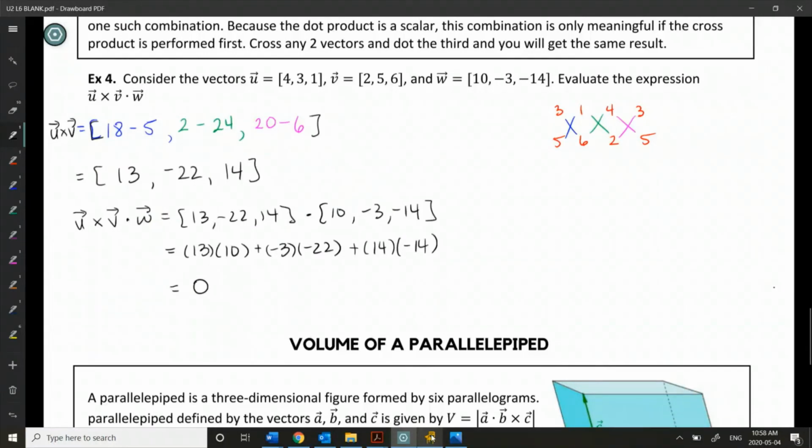So this answer is actually significant here, but it's going to be more significant once we talk about the next part. So I'm going to hop back to this and explain what it means when the triple scalar product is equal to 0 after we do volume of a parallelepiped.